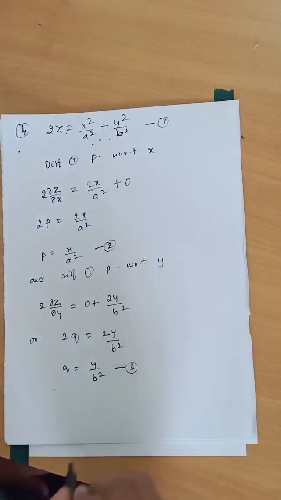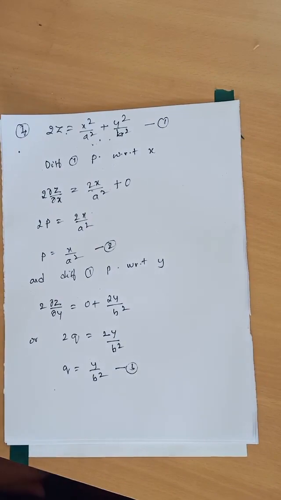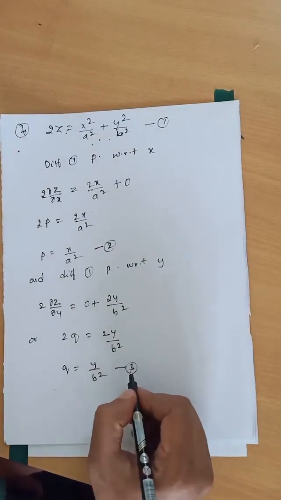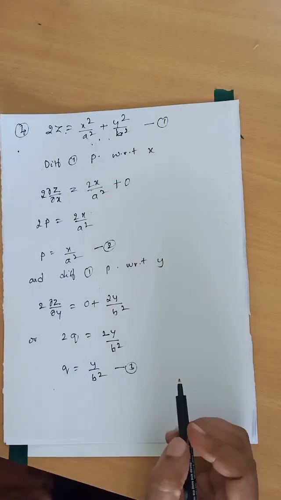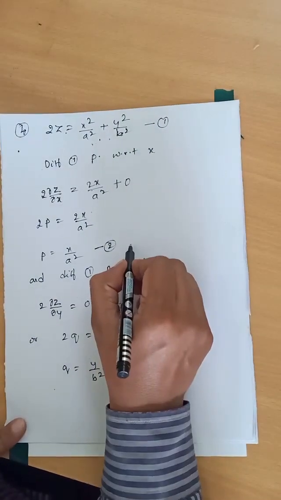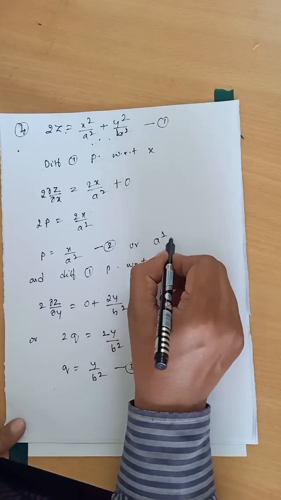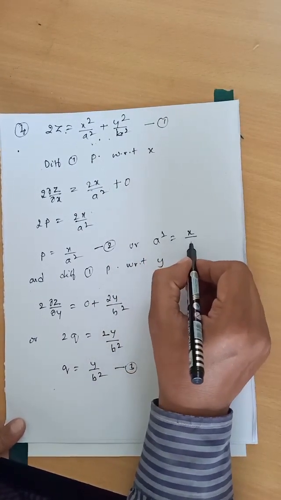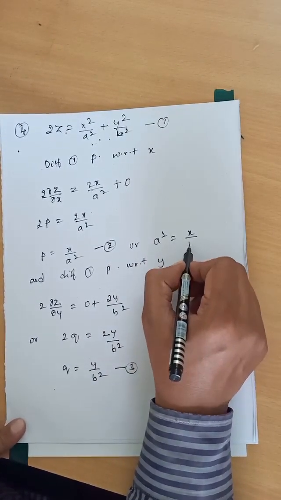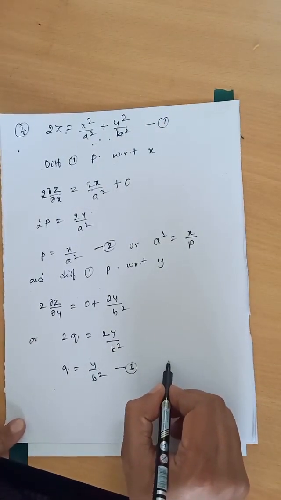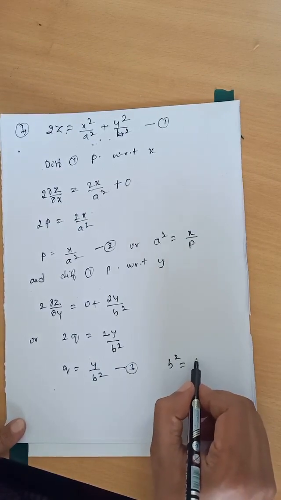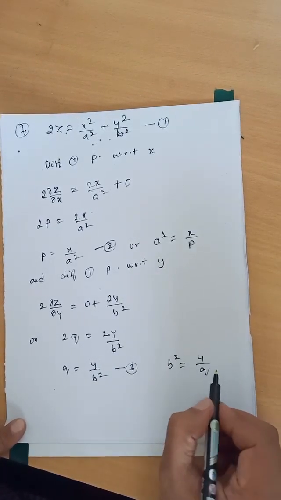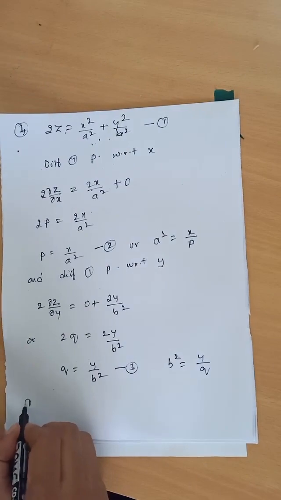Call these 2 and 3. Using 2 and 3, is it possible to eliminate a square and b square? Yes, it is possible. Rewrite as a square is equal to x by p, and for substitution, b square is equal to y by q.